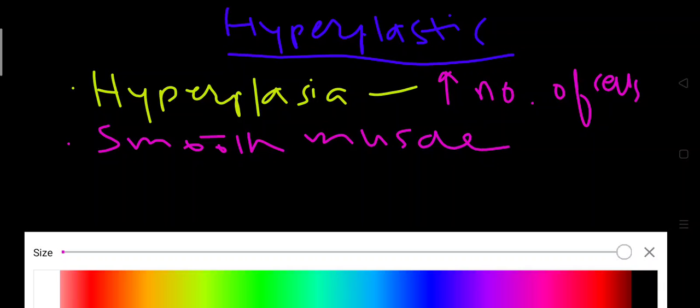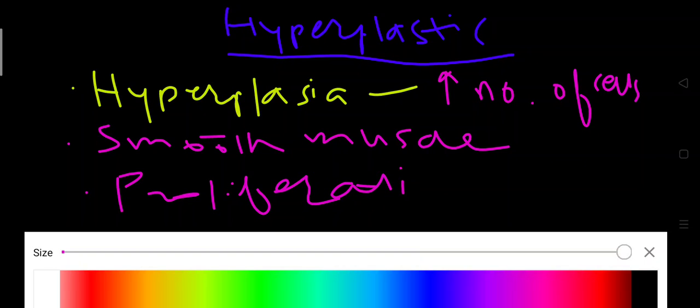Due to this injury, later healing occurs, and as a part of the healing process smooth muscle cells will proliferate. That is why it is called hyperplastic arteriosclerosis. Another point is that it is also called proliferative arteriosclerosis, because there is proliferation of smooth muscle cells.